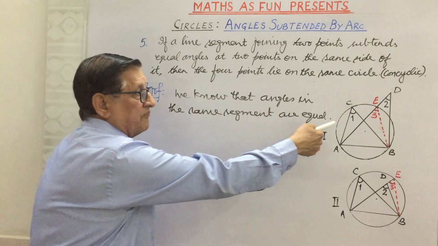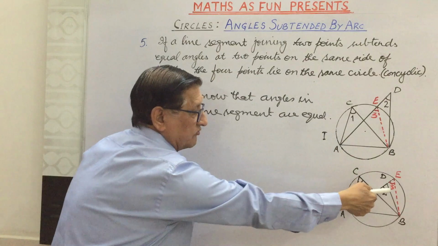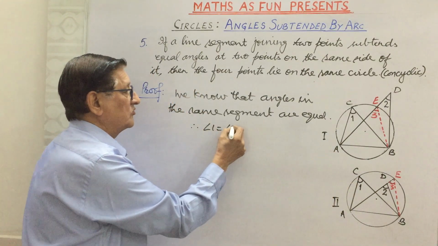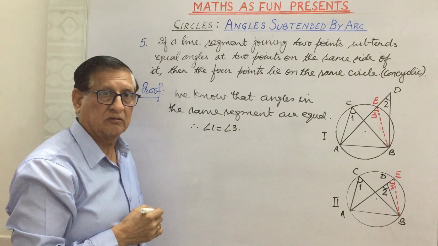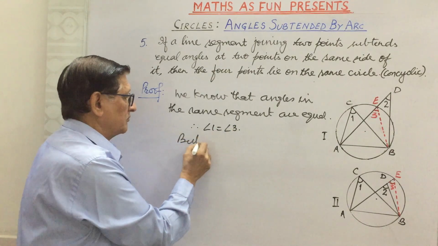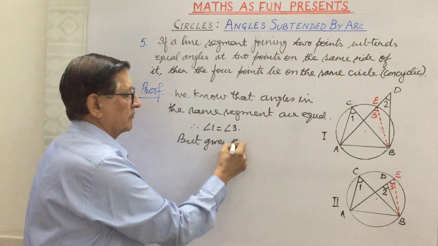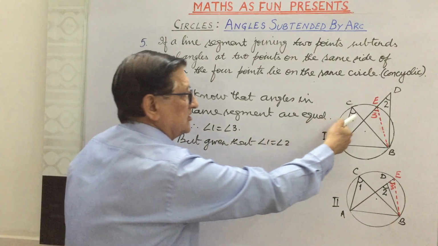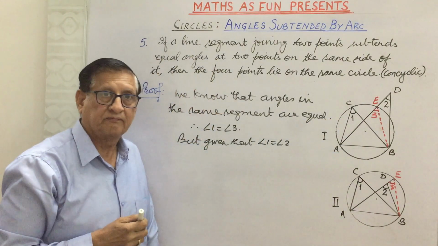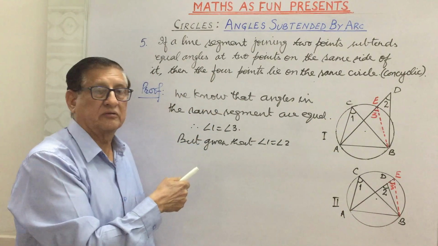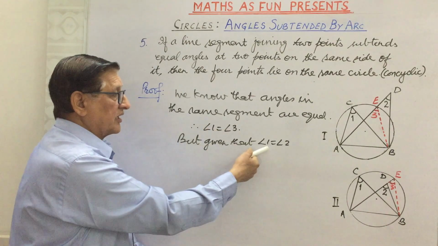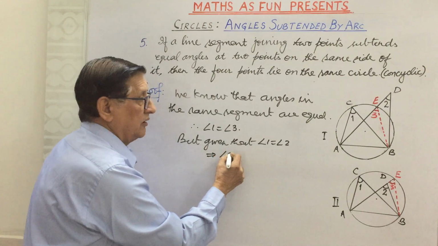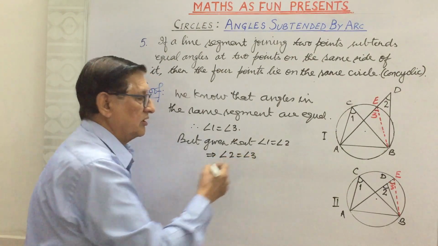So can we say that angle 1 and 3 will be equal in both the cases? Therefore, angle 1 is equal to angle 3. But given that angle 1 is equal to angle 2, this is given to us that these 2 angles are equal. What we find here? From these 2 we can get that angle 2 and 3 are equal. This implies that angle 2 is equal to angle 3.